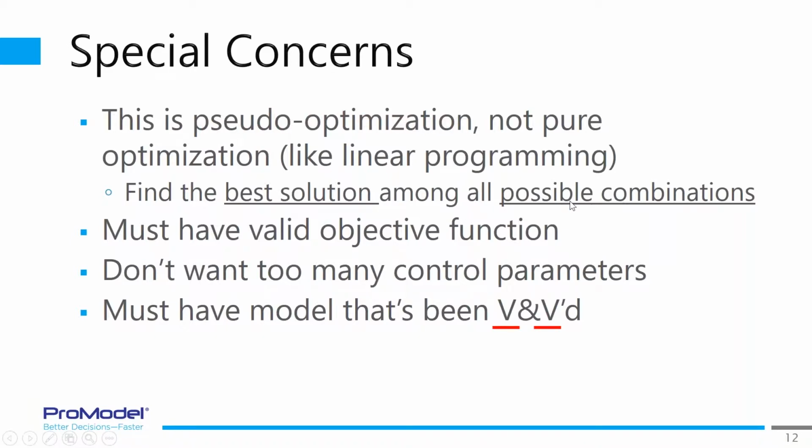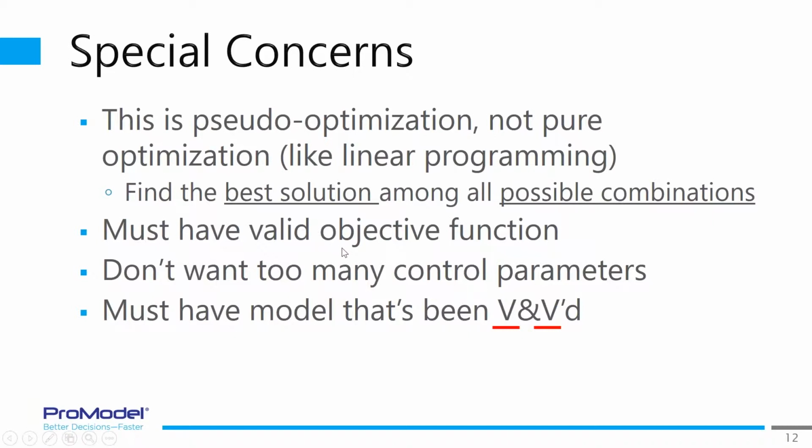I want to be careful calling it a pseudo optimization, because it is not pure optimization like linear programming, goal programming, integer programming, which are obviously very linear, deterministic applications we either use or have learned in school. But SimRunner is considered pseudo because it uses simulation, which of course can include variation, randomness, and multiple replications.